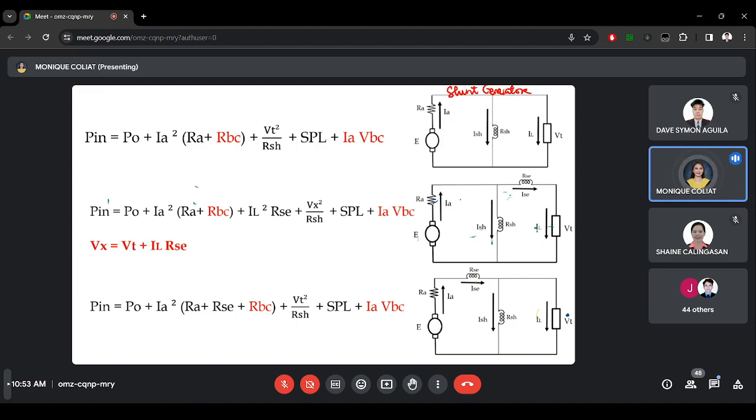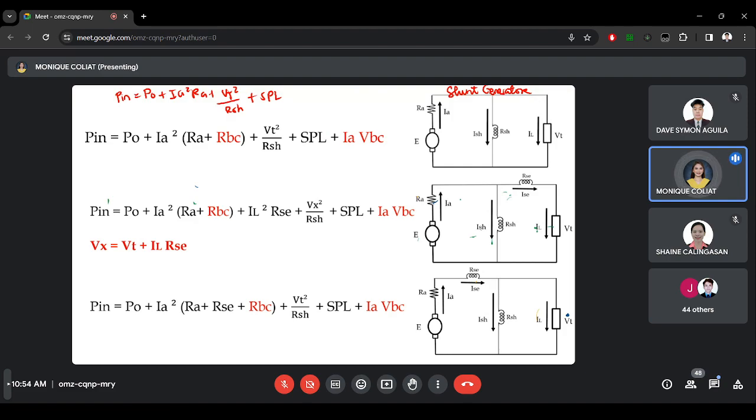Okay. So, kapag shunt generator, ano yung pinaka-general formula ni input power? PO plus IA squared RA plus VT squared over RSH plus SPL, di ba? Yan yung pinaka-general formula. So, ano itong mga additional na to?